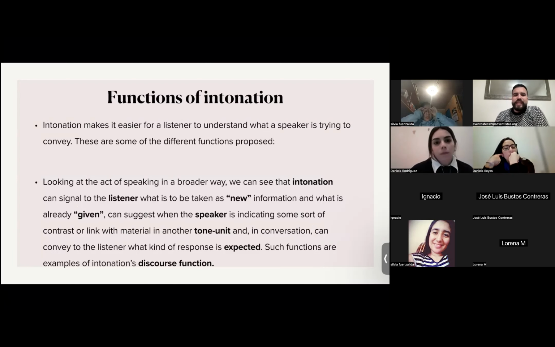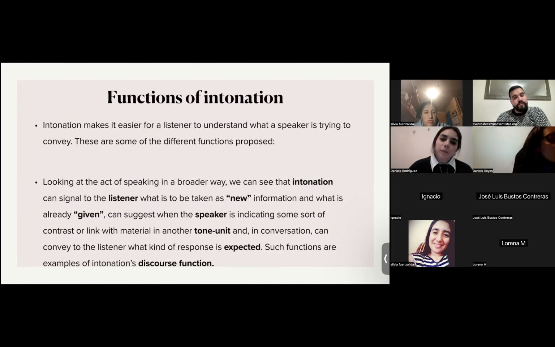Also, looking at the act of speaking in a broader way, you can see that intonation can signal to the listener what is to be taken as new information and what is already given. It can suggest when the speaker is indicating some sort of contrast or link with material in another tone unit.